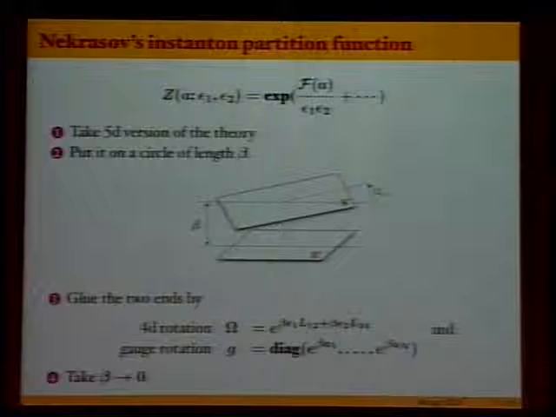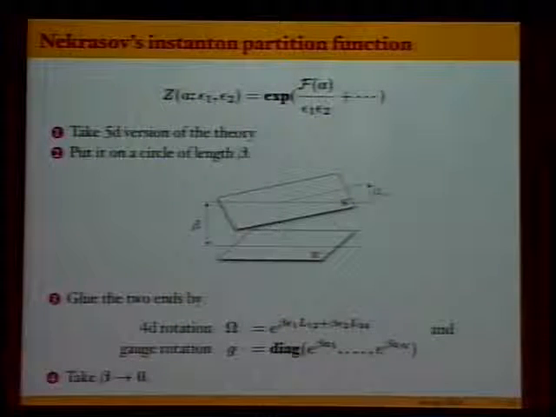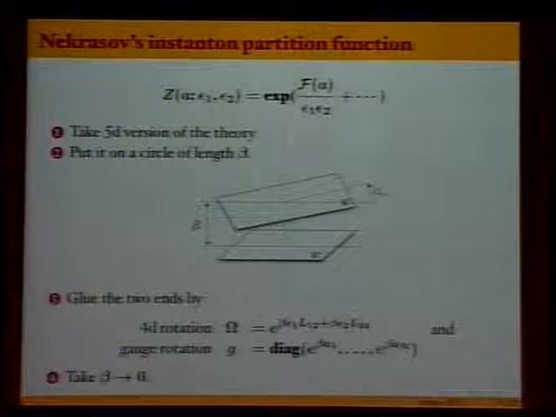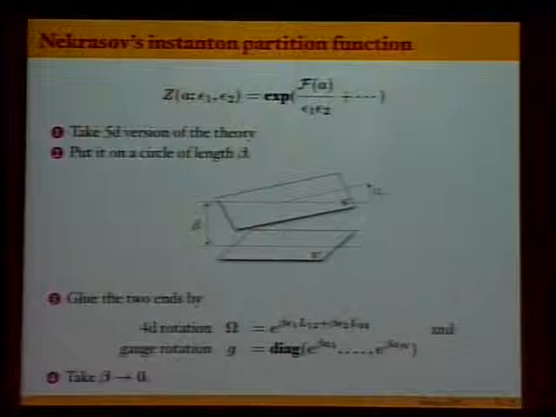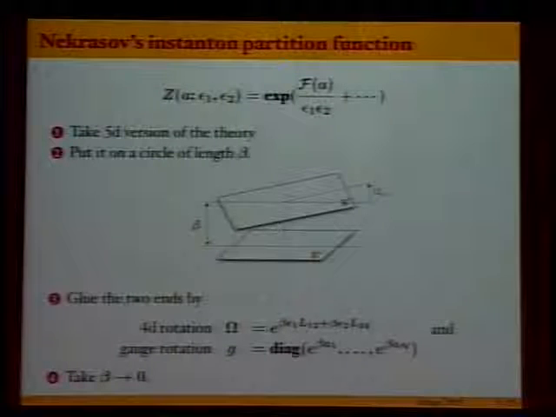You take a 5D version of the same theory, which you can do because it has N=2 supersymmetry. So you just take the same matter contents and consider a 5-dimensional version of the theory. And because we want to consider a 4D theory in the end, you compactify that on a circle with length beta, but you glue the two ends of this segment beta by a 4-dimensional rotation omega, and also the gauge rotation g.